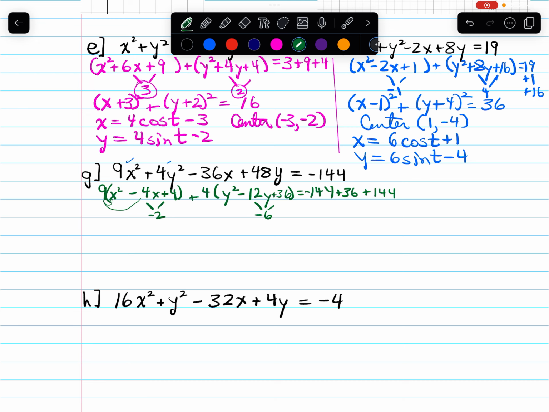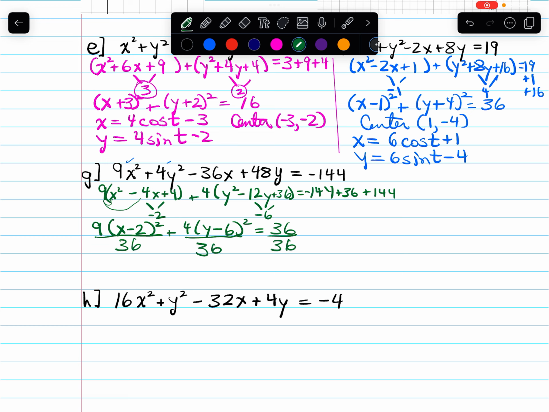So now I can rewrite this whole thing. 9 times (x minus 2) squared plus 4 times (y minus 6) squared equals 36. Now the last thing, since it's an ellipse, we want a 1 over here. So I'm going to divide through by 36.